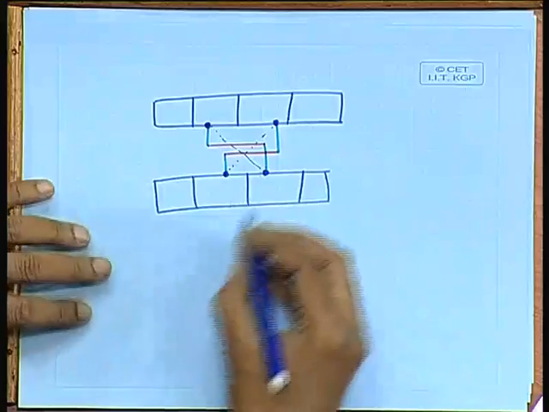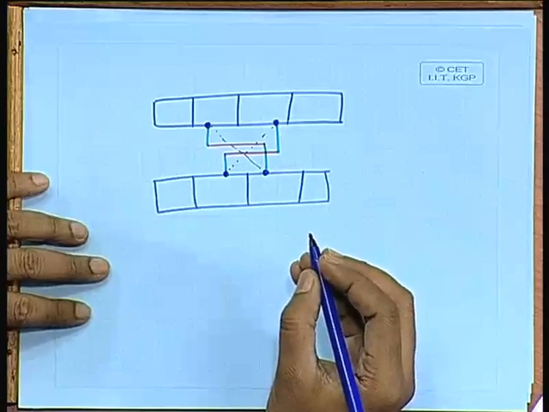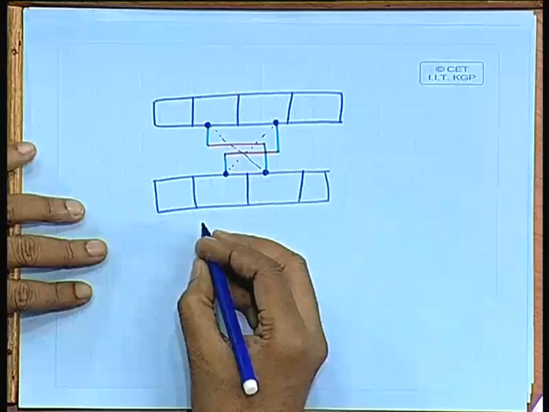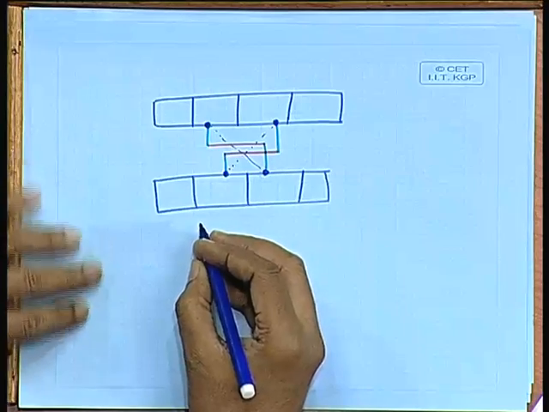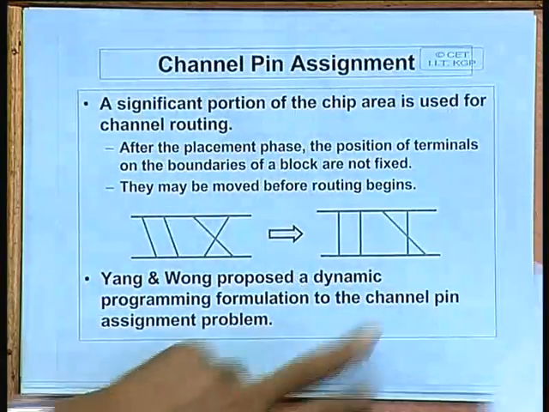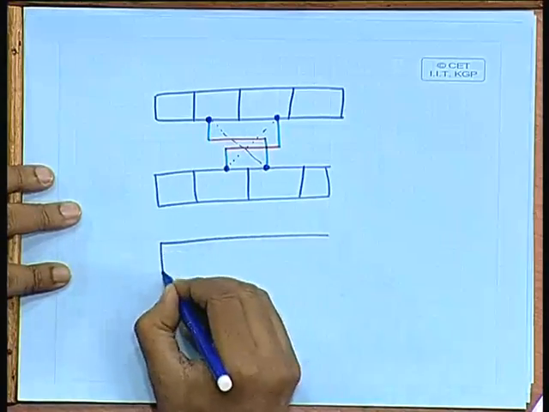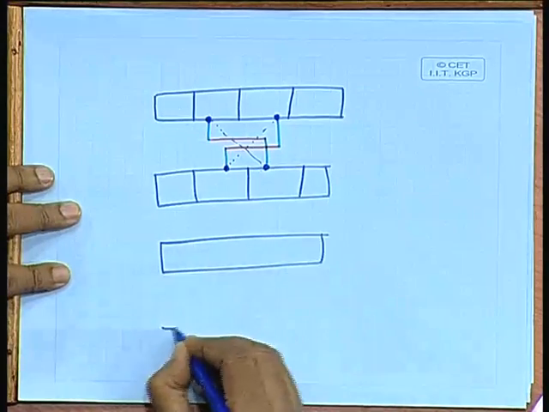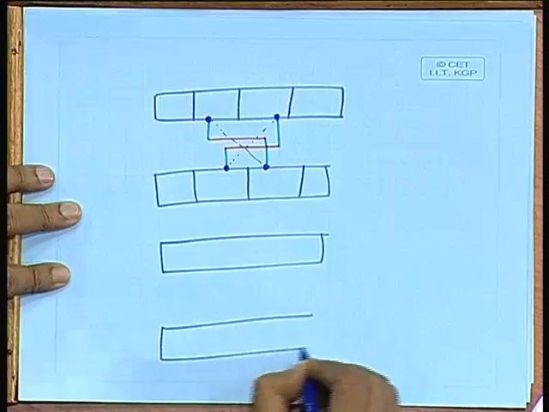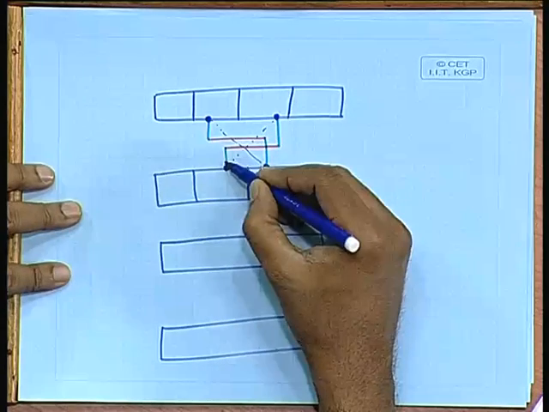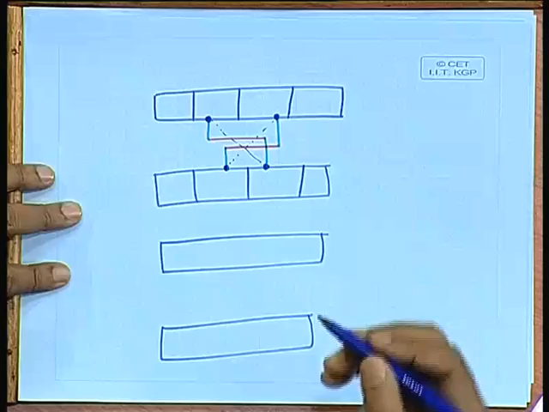So what I can do is, say I will be doing something like this, aligning any one of the nets so that one pin is getting just above the other pin.